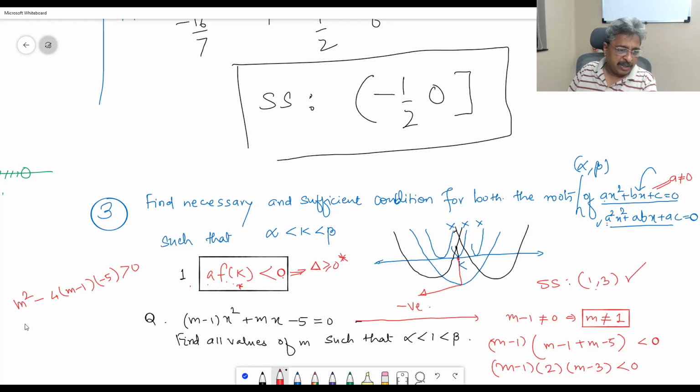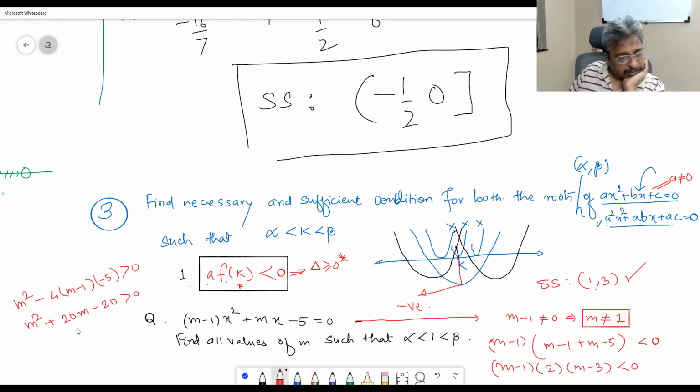What does this mean? M square plus 20m minus 20, correct? Should be greater than 0.